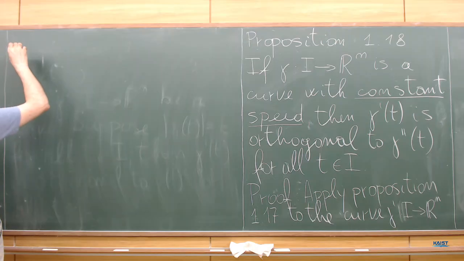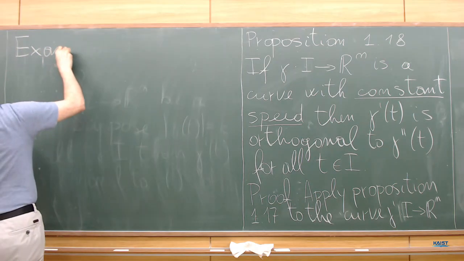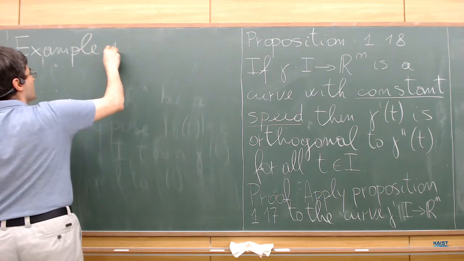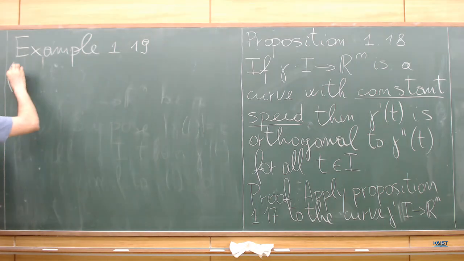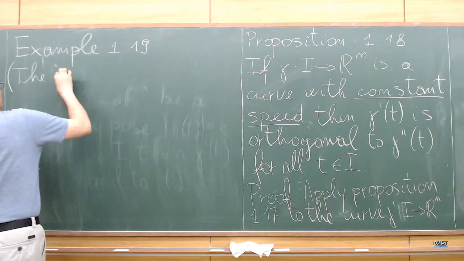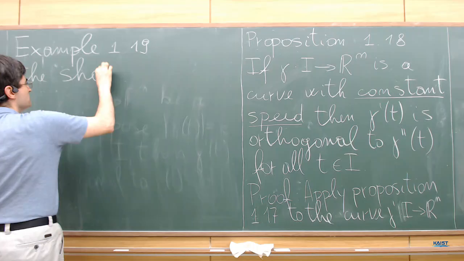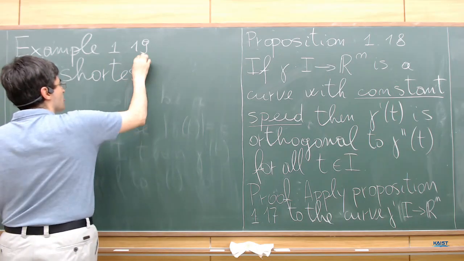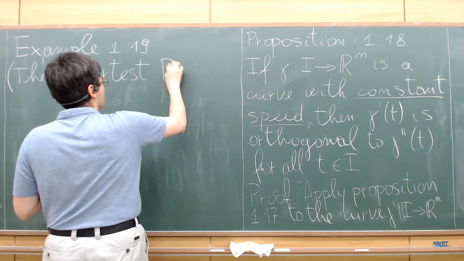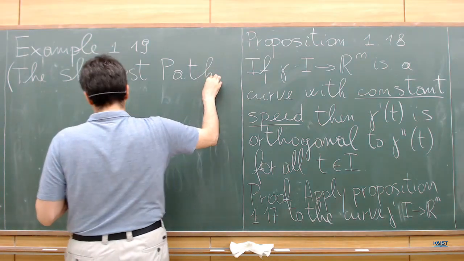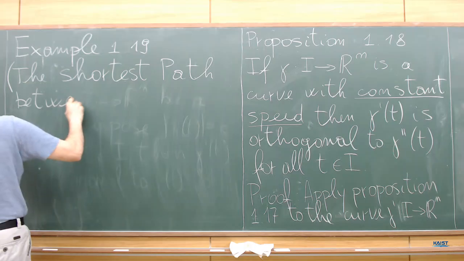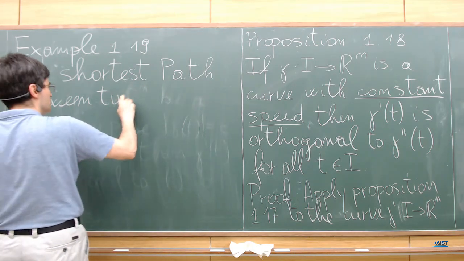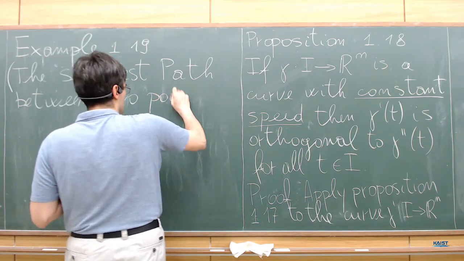Precisely, I will present the second part of Example 1.19, named the shortest path between two points.